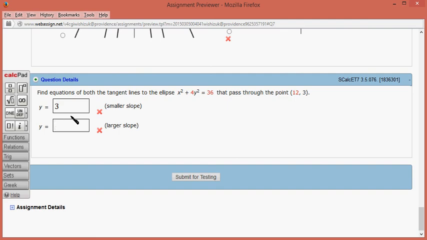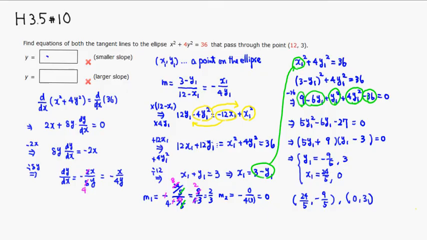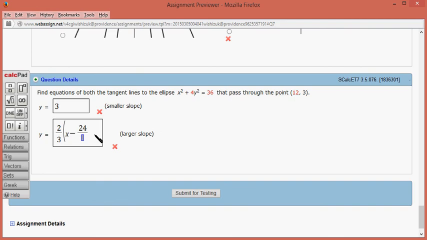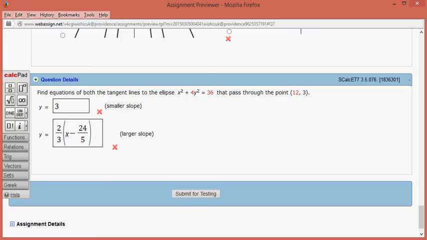Slope is 2/3, and x minus the x value, which was 24 over 5, and the y value is negative 9 over 5, so minus 9 over 5.